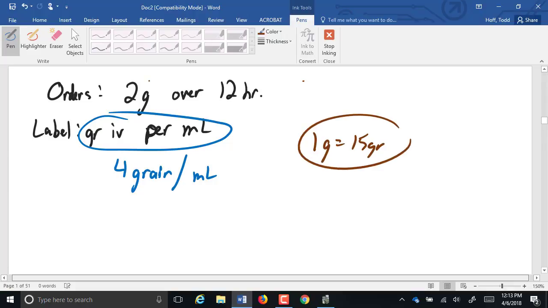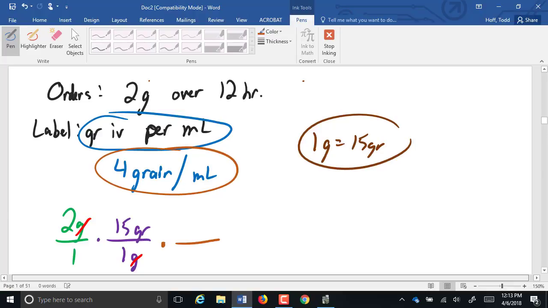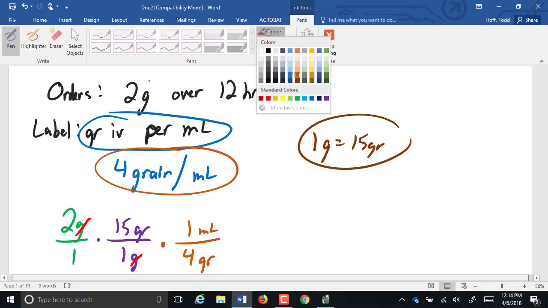So we're going to have to first convert our 2 gram order into grains. 1 gram equals 15 grains. So the grams cancel out, and we're now in grains. Then from there we can convert it into milliliters using this equivalency. 4 grains is 1 milliliter.